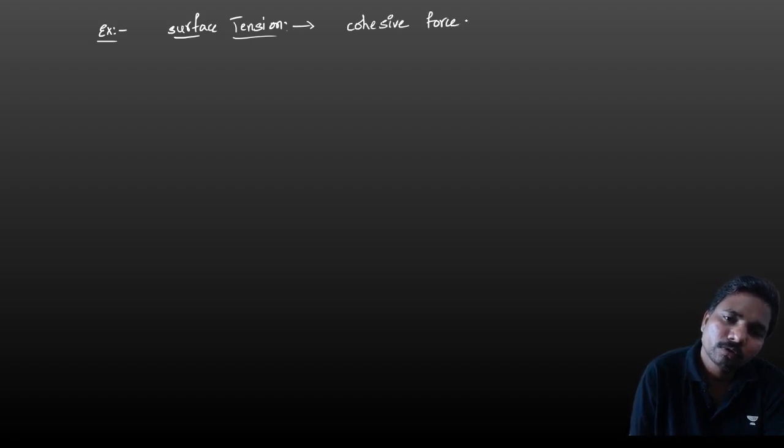Here, for example, let us take surface tension. Surface tension is formed due to only the same type of substances, so the reason behind it is cohesive force. Okay, for example, let us take a blackboard and chalk. Then what is the force?